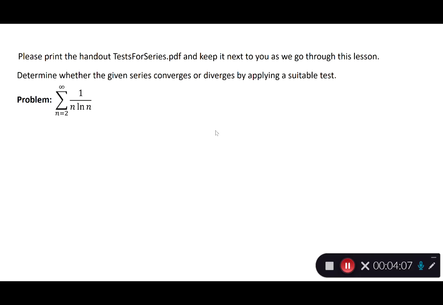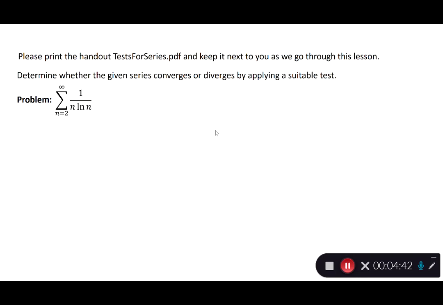Suppose f is a continuous, positive, decreasing function on 1 to infinity, and let a sub n equal f of n. Then the series sigma n equals 1 to infinity a sub n is convergent if and only if the improper integral from 1 to infinity of f of x dx is convergent. In other words, if the integral from 1 to infinity of f of x is convergent, then the series is convergent. If that integral is divergent, the series is divergent.